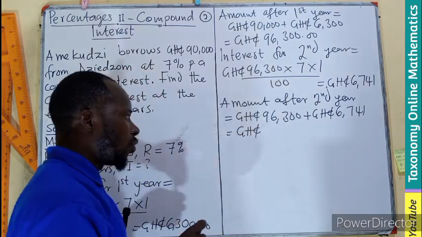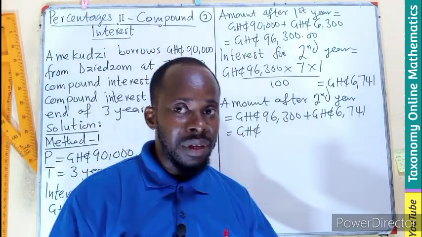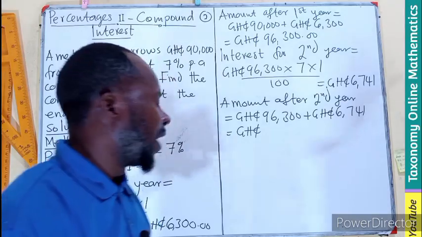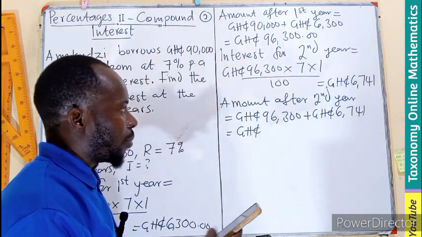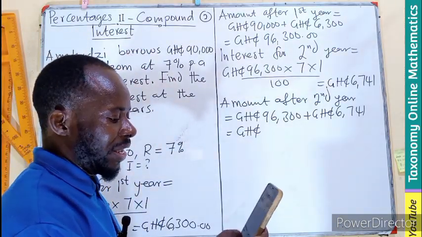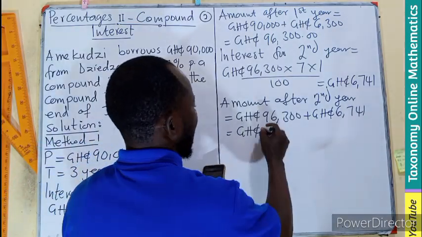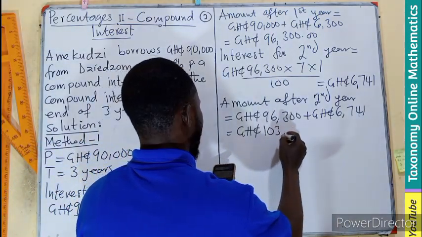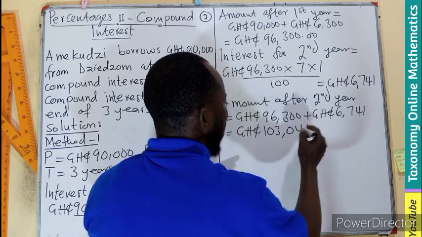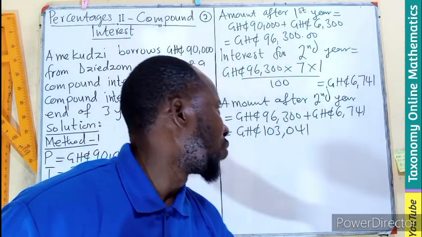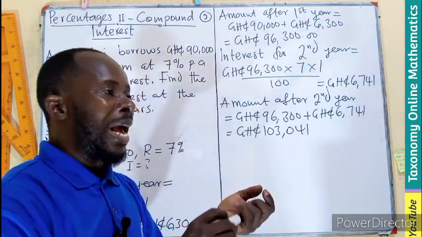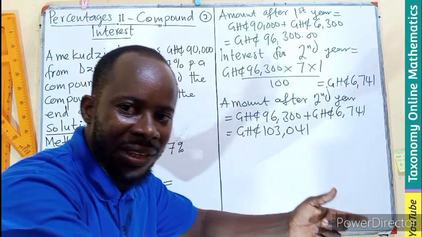So what will be the total amount if that money is to stay with me for approximately another 1 year? That should be 103,041 Ghana cedis. So this is the amount I am going to start the third year with.